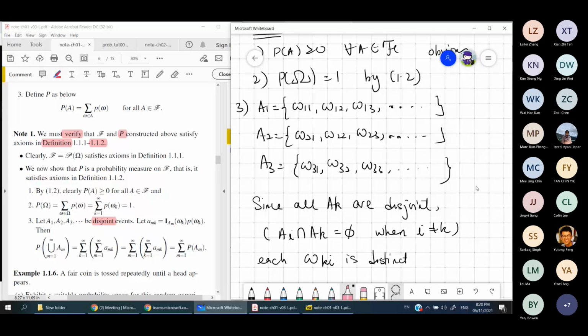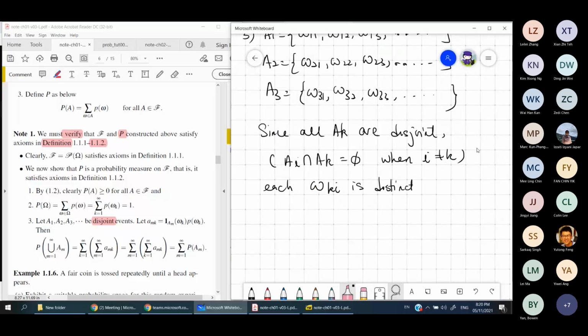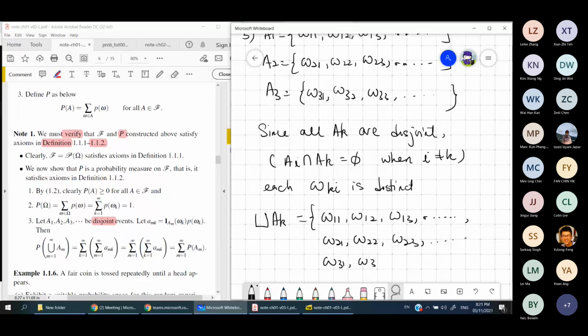Now we just look at it. Because of this, if we take the union of all the A_k, we are actually taking all of them: omega 1,1, omega 1,2, omega 1,3, and so on, and then we add in omega 2,1, omega 2,2, omega 2,3, and so on, and also 3,1, 3,2, 3,3, and so on.